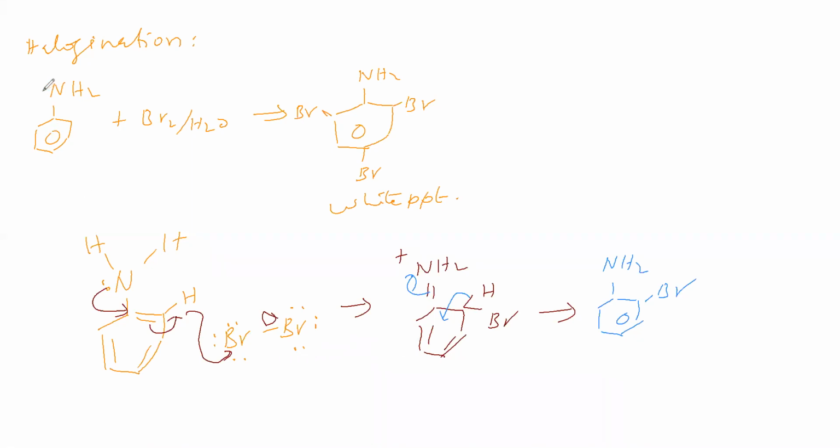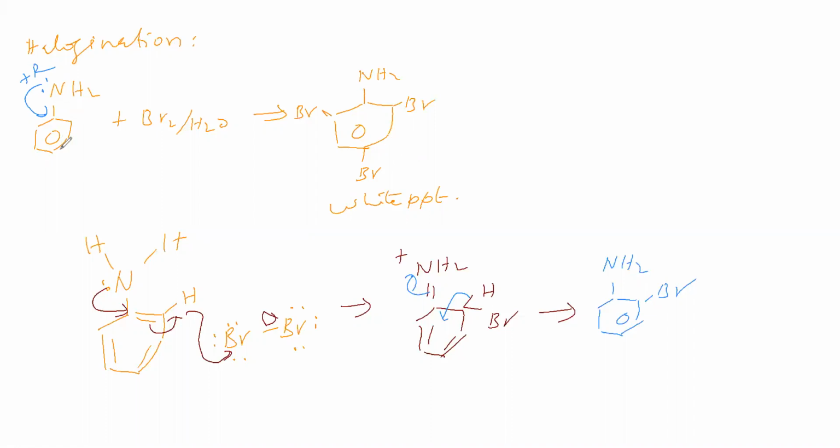Nitrogen has a lone pair, so it acts as a plus R group and shows a positive resonance effect. It donates the lone pair to the benzene ring, so it activates the phenyl ring towards electrophilic substitution. It is an activator and an ortho-para director. Therefore bromine goes at the ortho position and at the para position. So we got a white precipitate with aniline.